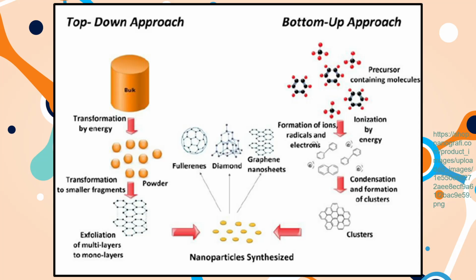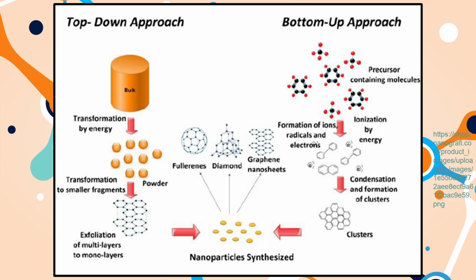In contrast, as we see, the bottom-up approach begins at the atomic or molecular level itself. Atoms or molecules assemble through nucleation and growth to form nanostructures. So, this method provides much better control over size, shape, and composition. As a result, bottom-up approaches are more suitable for synthesizing uniform, high quality, and functional nanomaterials.